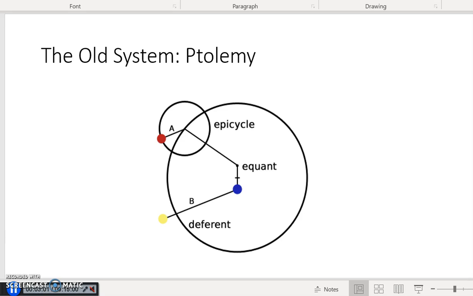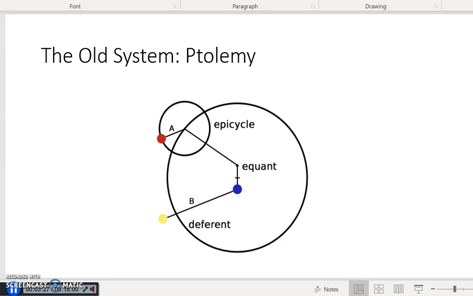Ptolemy was an ancient Grecian astronomer, and he did not necessarily develop the basis for this system, but it does bear his name, as he did a lot of work on it and produced the astronomical tables of observations and predictions using this method. This is called the epicycle method.